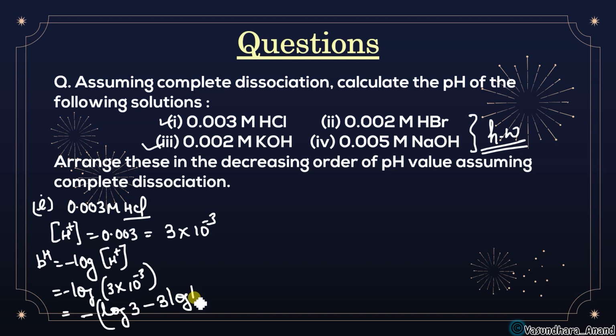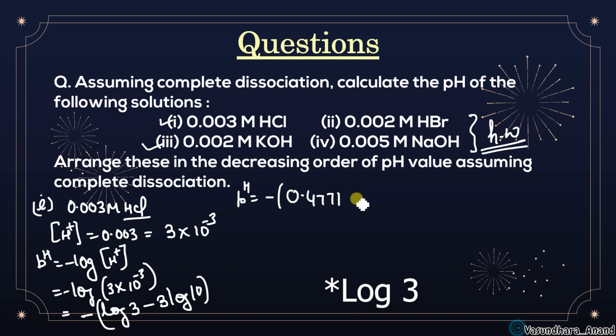Can you understand this thing what I have done? You have watched that log value, how to find the log concept. So there I have solved this type of questions. So you can do it. Yes. And now in this case, just put the value, pH ke liye. That is minus log 3 value you have to check. And log 3 value jo hoti hai, wo hoti hai 0.4771.